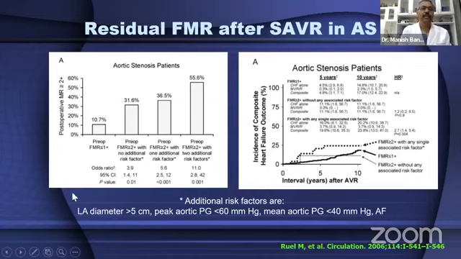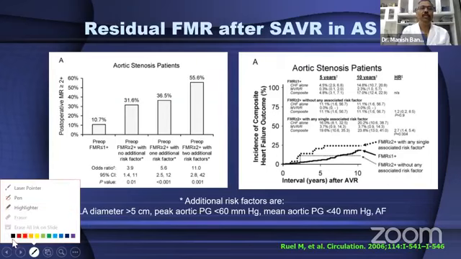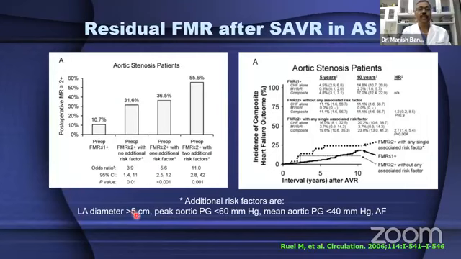As we can see here, if a patient has 2+ or more significant functional MR and has one of these 4 risk factors, that is, LA is significantly dilated, there is atrial fibrillation, and aortic stenosis does not have a very high gradient, then in these cases, there are high chances that the MR will remain after the surgery. And when MR persists, it is associated with a significant increase in late adverse outcomes. Therefore, when these risk factors are present, then in AS patients, we should treat functional MR also.